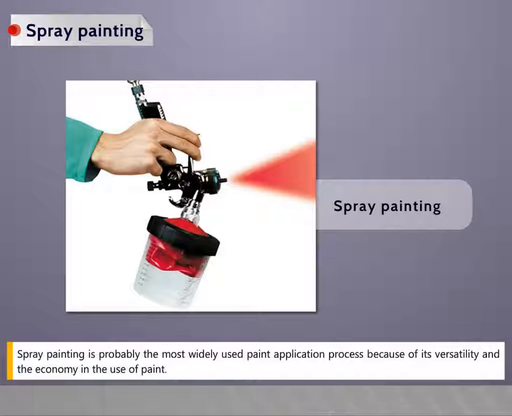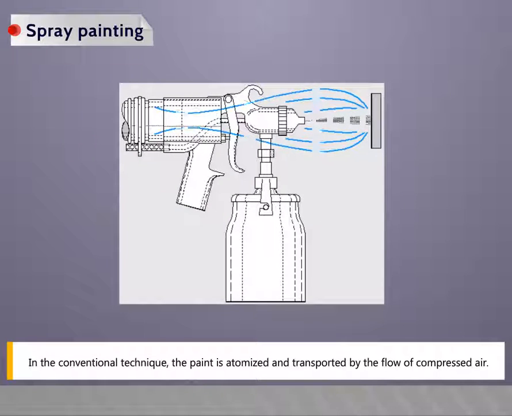Spray painting. Spray painting is probably the most widely used paint application process because of its versatility and the economy in the use of paint. In the conventional technique, the paint is atomized and transported by the flow of compressed air.